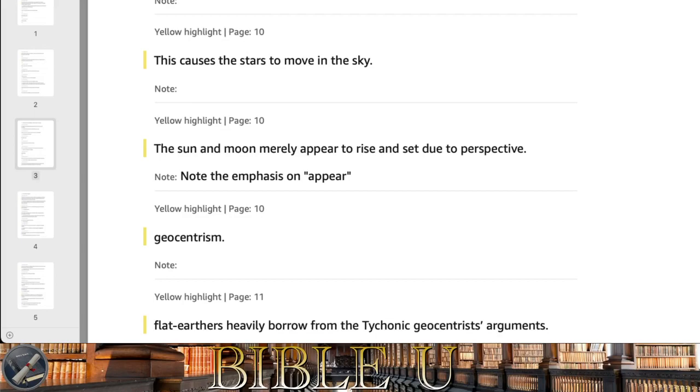And nobody denies that there's such a thing as phenomenological language, but the point is, in this context, why this is happening, why they appear and disappear, the sun and moon. And we don't necessarily say it's always perspective.